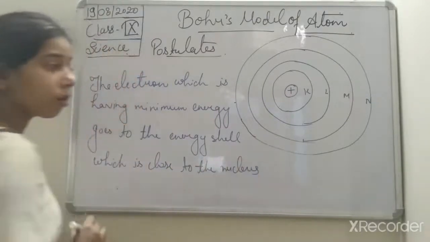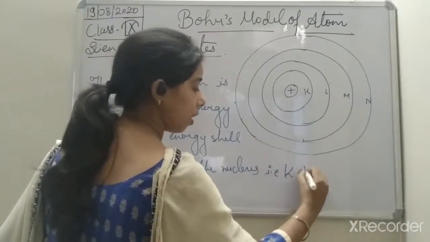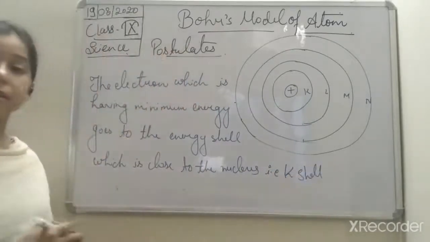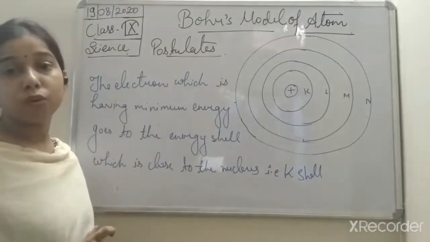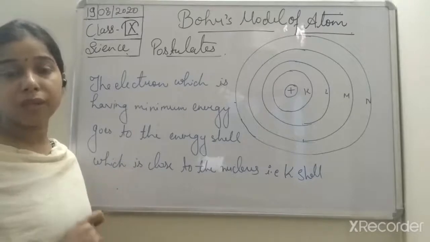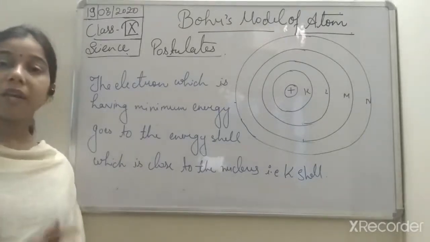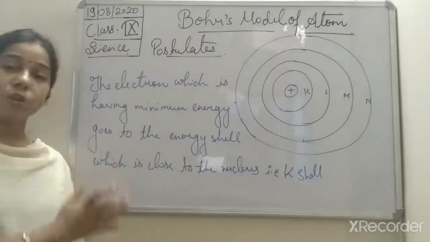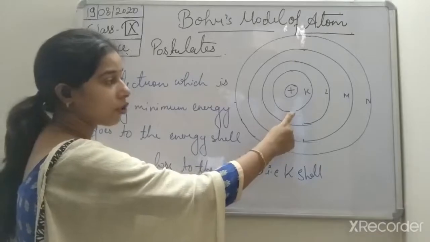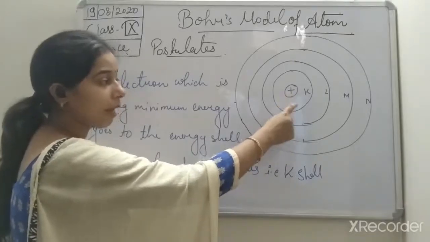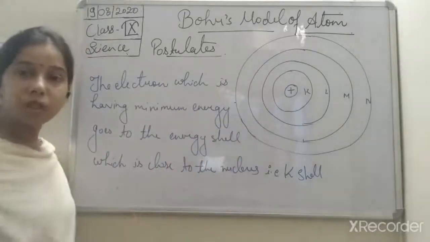And which one is close to the nucleus, student? That is K shell. So you see, students, the electron which is having the minimum energy will go to the energy shell which is close to the nucleus. So this energy shell is close to the nucleus, and the electron which will have the minimum energy will go into it.